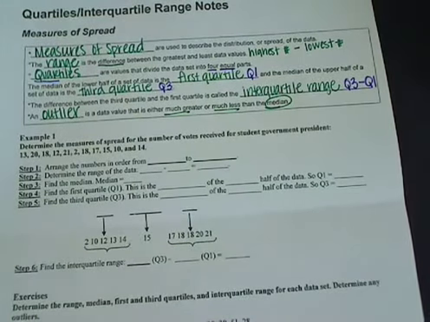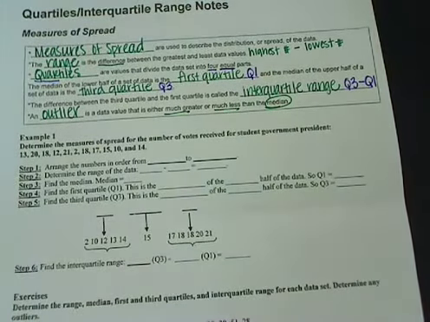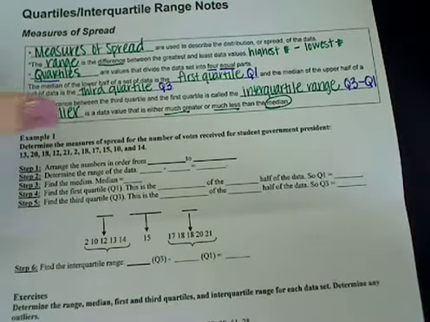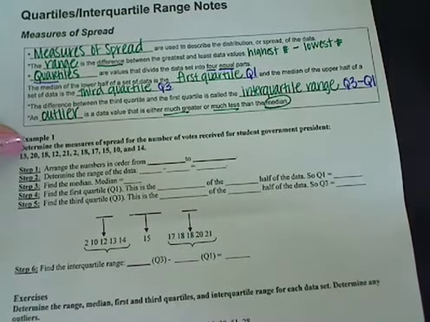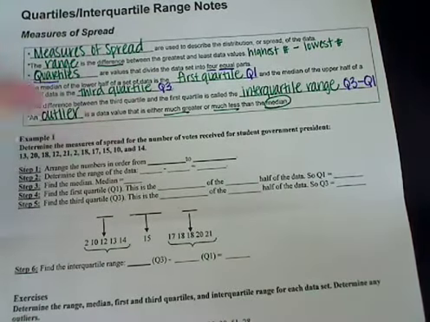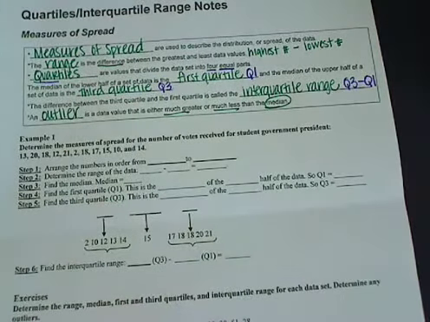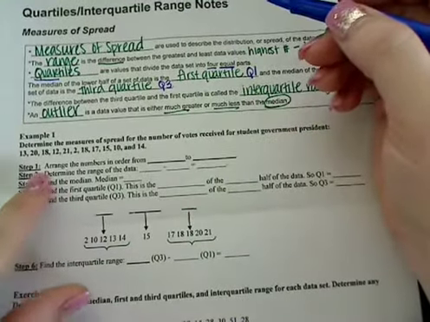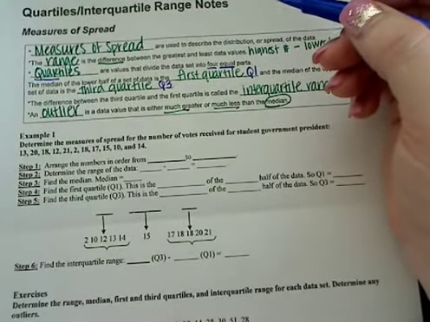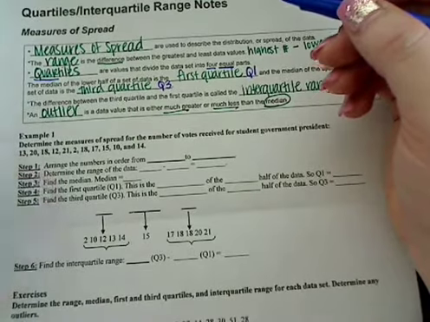All right, so let's go down here to our examples. They want us to determine the measures of spread for the number of votes received for student government president. So we've got some steps we're going to follow here. And you'll notice step 1 on almost all your notes this chapter is the exact same.